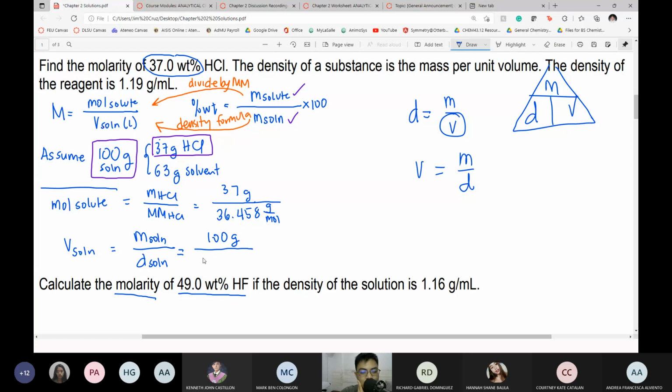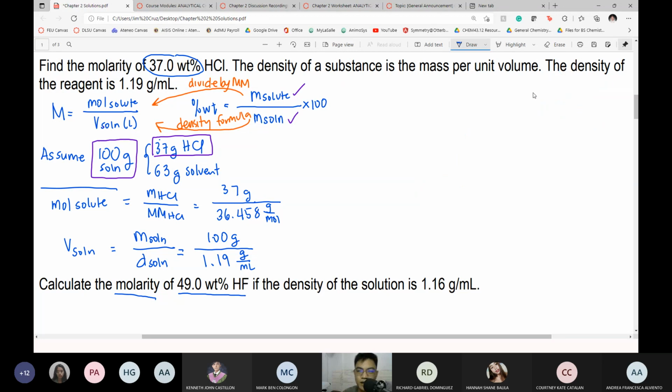The density of the solution is 1.19 grams per mL. So you see, by just making assumptions and using the equations we learned last year, plus the assumption, you can answer the problem.